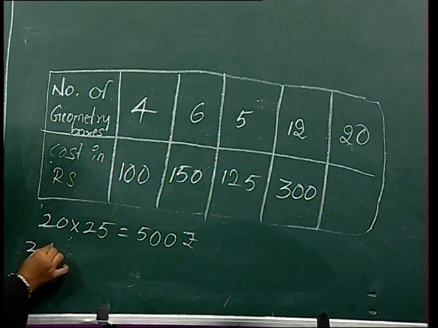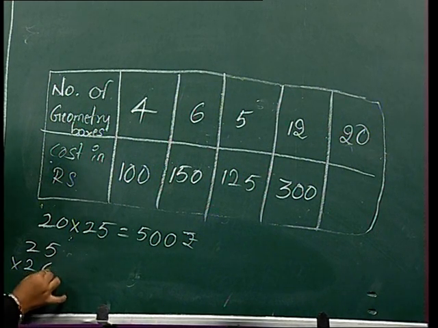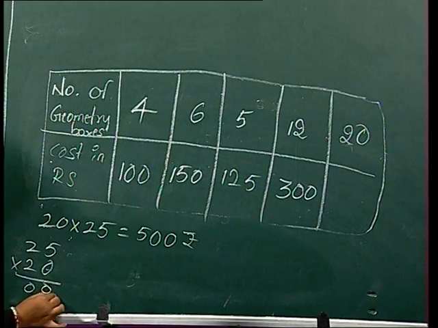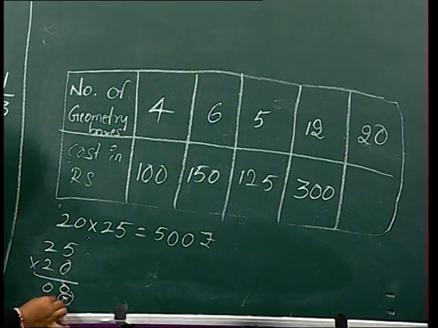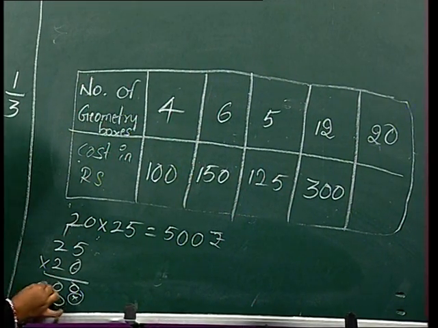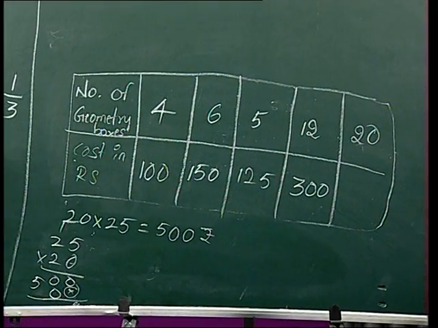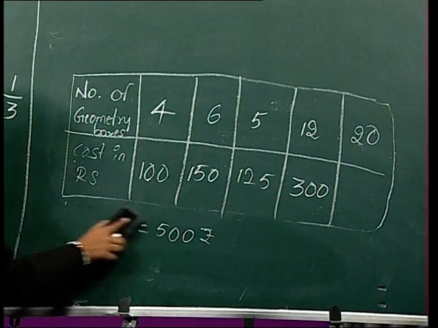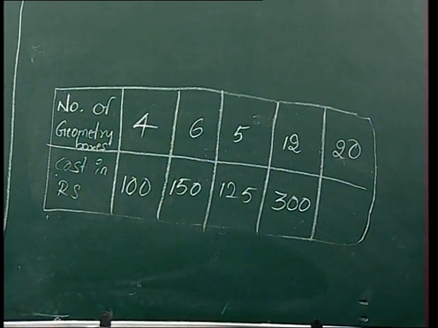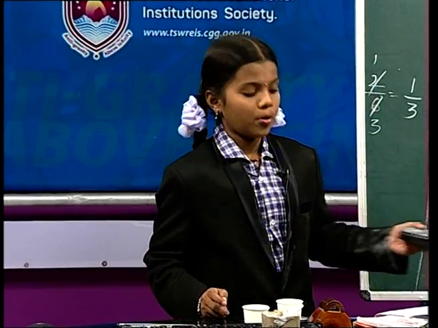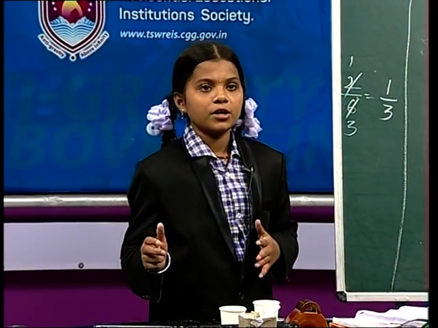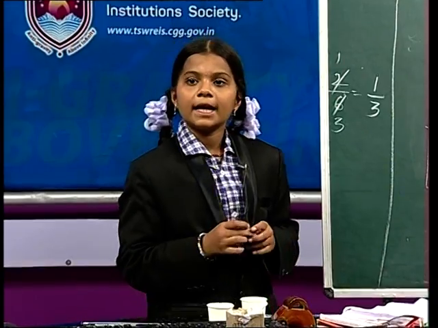How? 25 into 20: 0 5s are 0, 0. 2 5s are 10, 2 2s are 4, 5. If we add, we get 500. This is about the unitary method. Like this, in our daily life, we use the unitary method. Let us review the chapter.